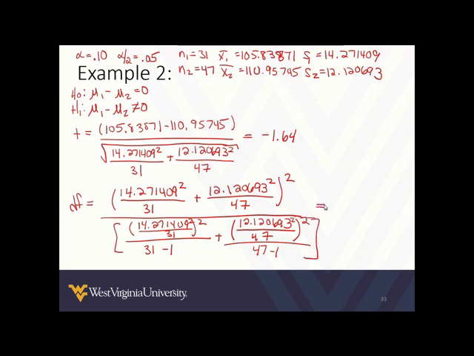So very complicated, and if you type this into your calculator correctly, you should get 56.93, which we will round to be 57.